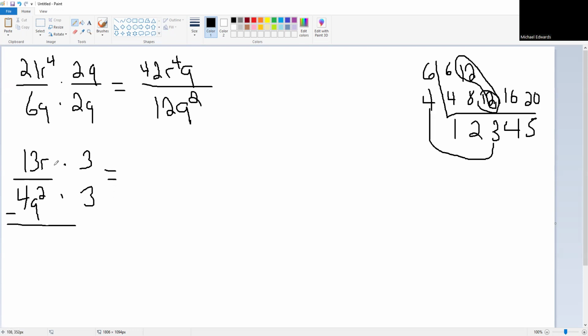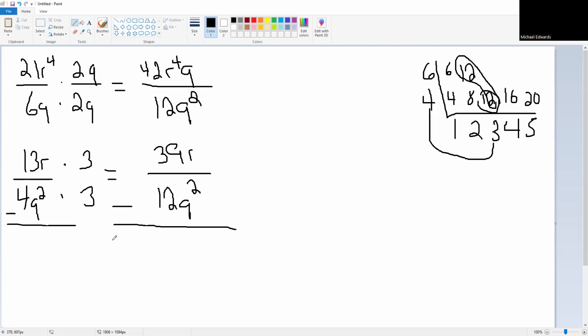So this would be 3 times 13, 39. Really? I don't know why I had a different number in my head. That's why I checked it. Okay, 39r, over 12q squared.